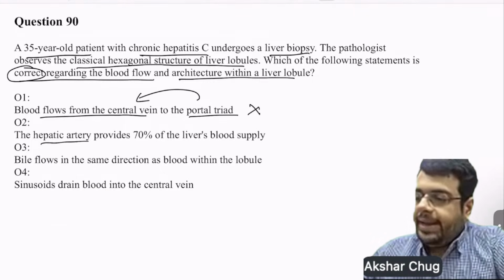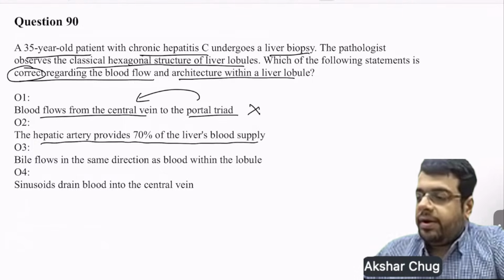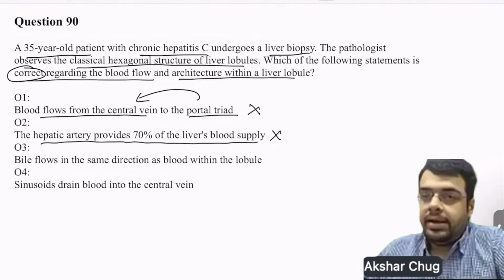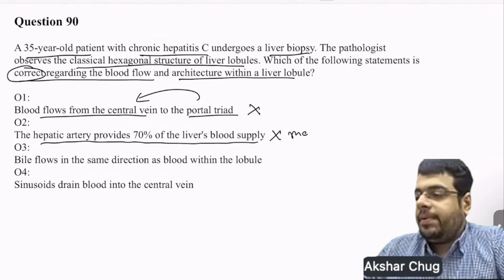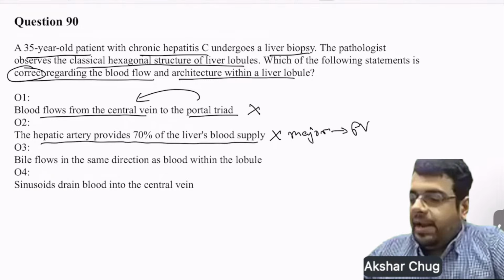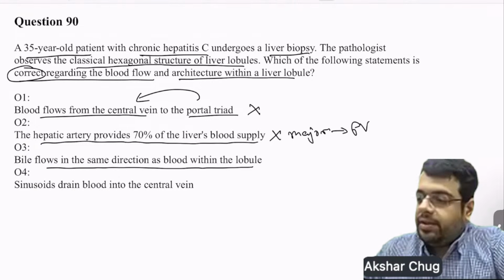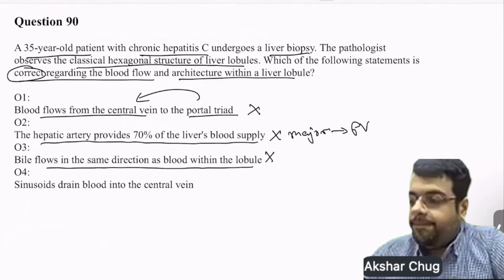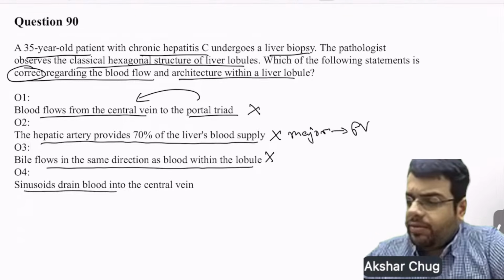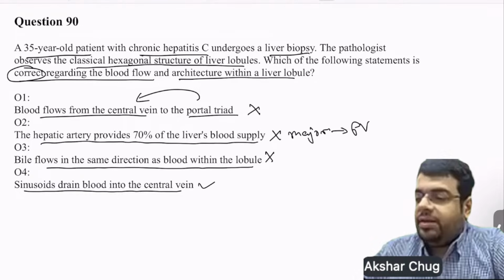The hepatic artery provides 70% of the liver's blood supply. Now, this is again incorrect, as the majority of the blood supply is by the portal vein. Bile flows in the same direction as the blood within the lobule. Again, this is an incorrect statement. Sinusoids drain blood into the central vein. This is the correct statement.